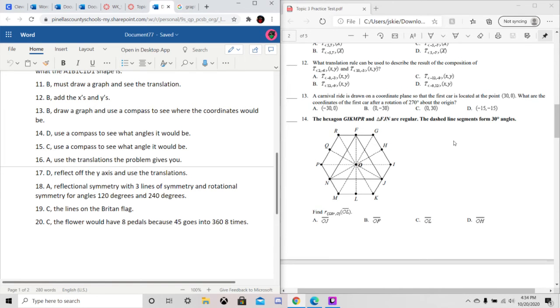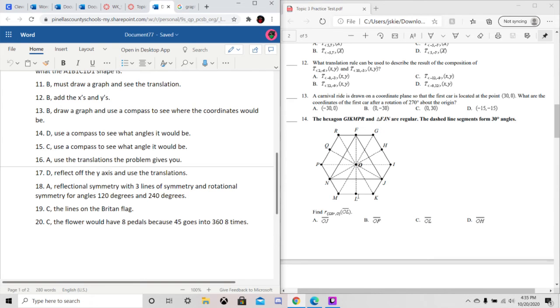For 14, it says R120, 0, and the coordinates are O, L. And then you want to know the dashed line segments form 30 degree angles.